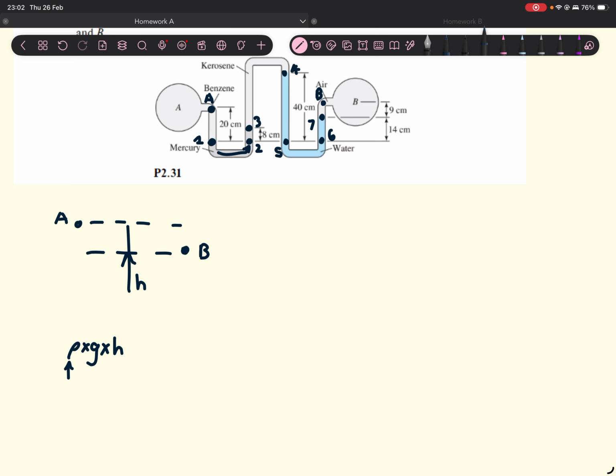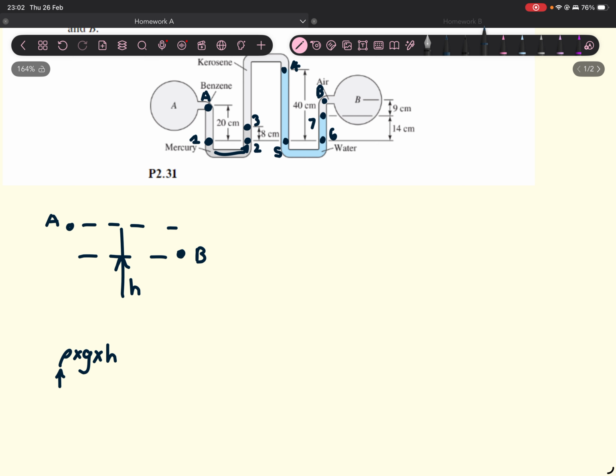But because there are so many different fluids throughout, which density do you choose? And the answer is that you can't really choose a single density because it's not the same fluid throughout.